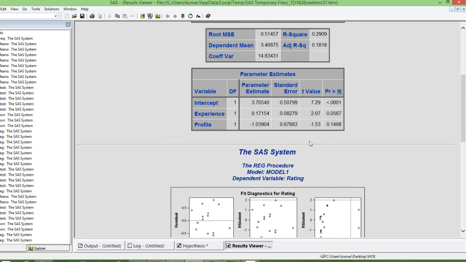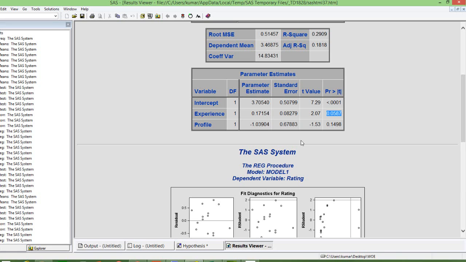Well, you can see that now experience is almost significant, if not very significant. It's 0.05. The p value has improved drastically, right? As you can see, earlier it was 0.12. Now it is very close to 0.05. Although we still expect this coefficient or the p value to be less than 0.05.